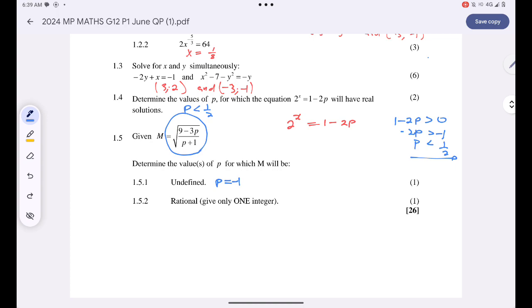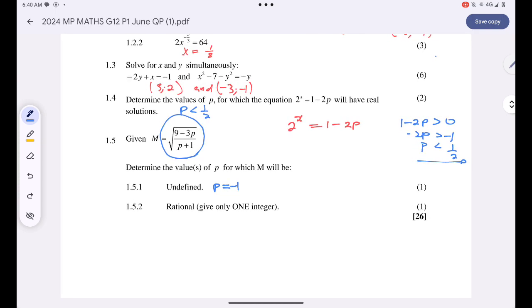I have 9 minus 3 times p all over p plus 1. Okay, whenever I substitute 1, 1 does not work. Let's check negative 1. Negative 1 cannot work because this entire thing will be non-real.